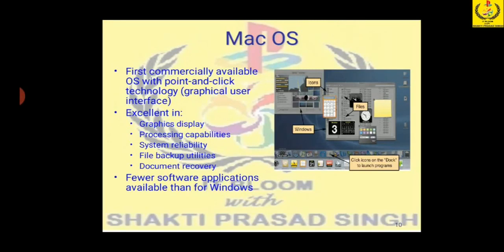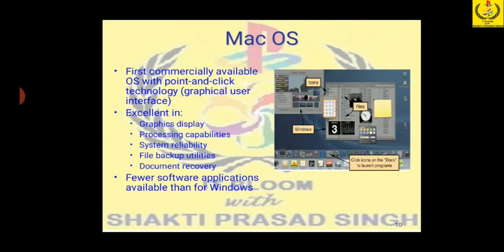Fewer software applications are available than for Windows, which means not all programs can run on the Macintosh operating system, but most of them run on the Windows operating system.